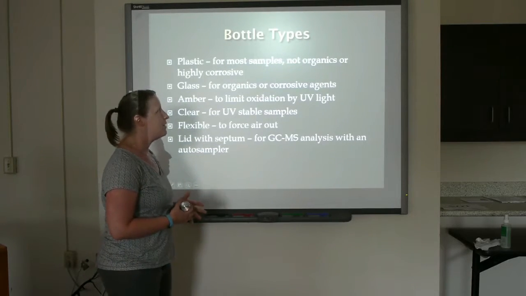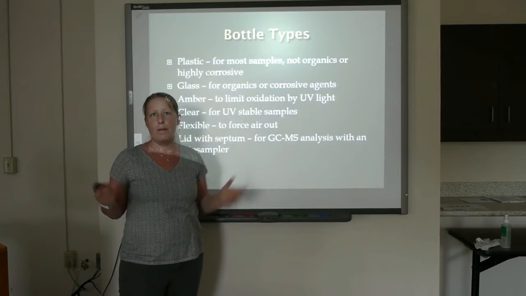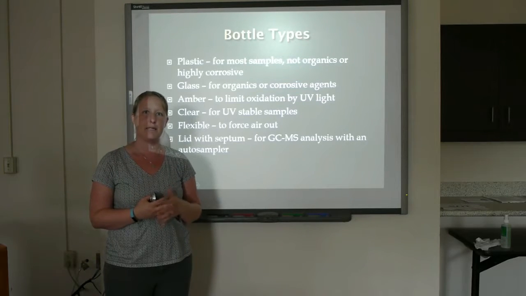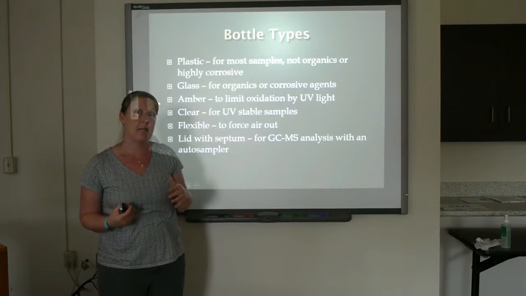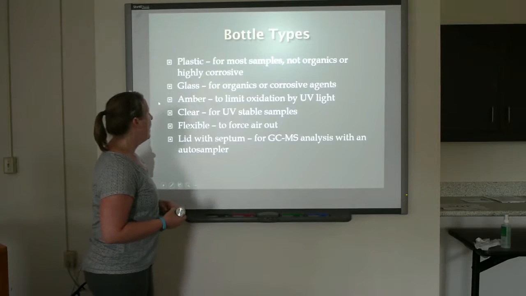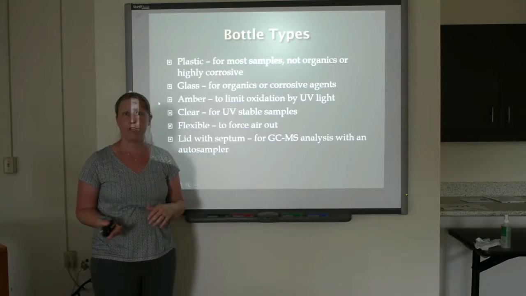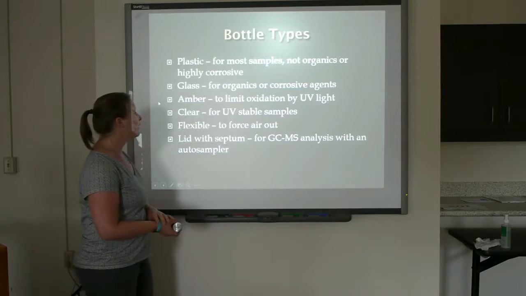Those organic compounds may or may not be chemically similar to the plastic in the bottle, and we don't want to have any possibility of contaminating our sample with what's in the bottle. We'll use glass bottles for things that are corrosive or for organic materials.